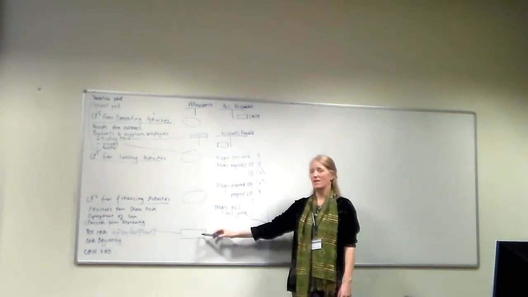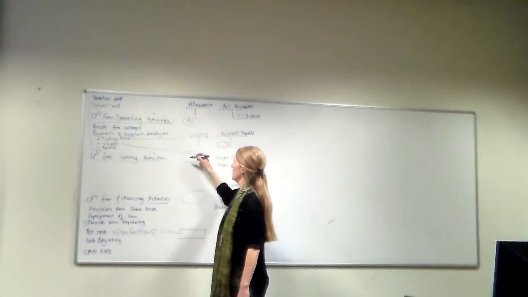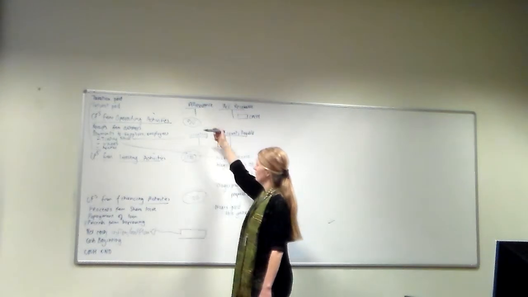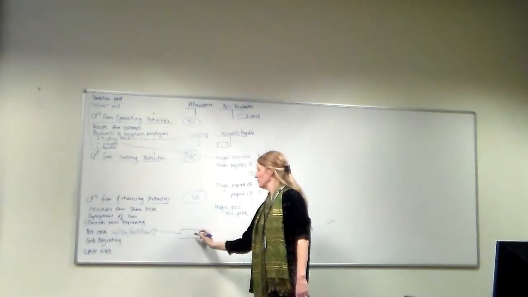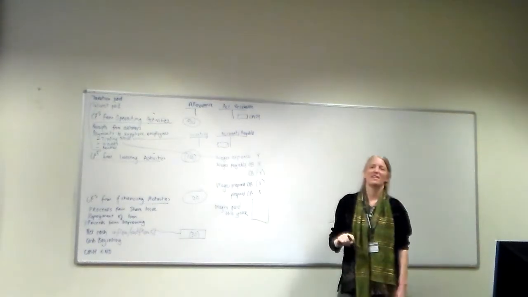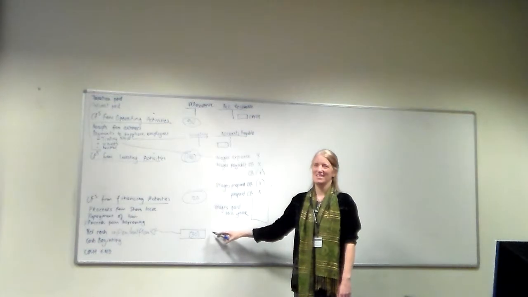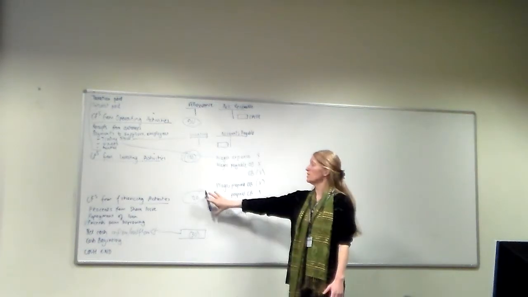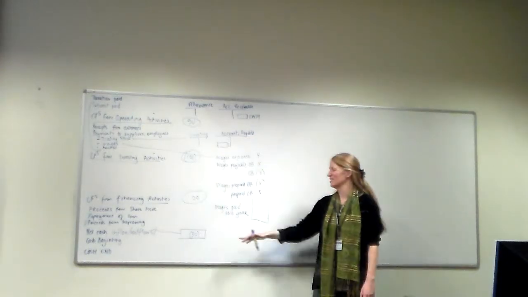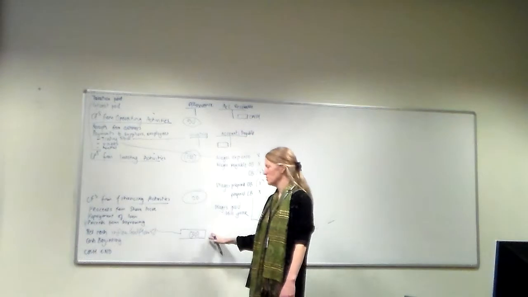So if this was 50 and this is minus 100 and this is 20, 50 plus 20 minus 100 is minus 30. Okay, easy. Generally you're not going to get this figure right, and why do I say that? Unless you've got this 100% and this all 100% correct, this figure is probably not going to be right. So we don't worry too much with that one.